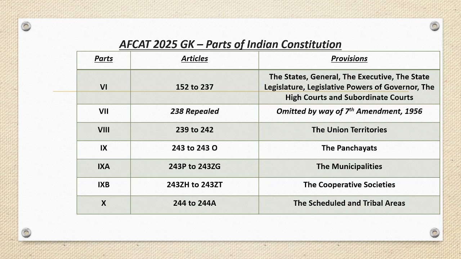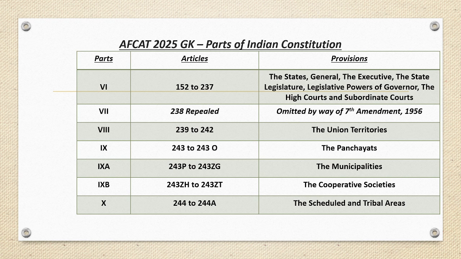In this part 6, the provisions are states, general, the executive, the state legislature, legislative powers of governor, the high courts, and the subordinate courts. That is, part 6 discusses the states, and part 5 discusses the union.